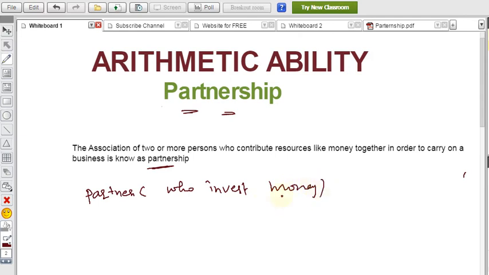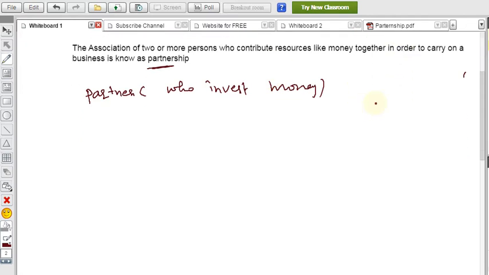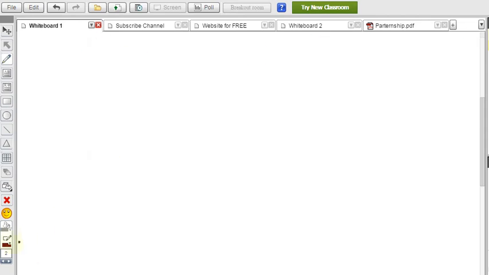There are two types of questions in partnership. Mostly you'll get only these two types in this topic. The first one is simple partnership. In a simple partnership, the capitals of partners are invested for the same time.